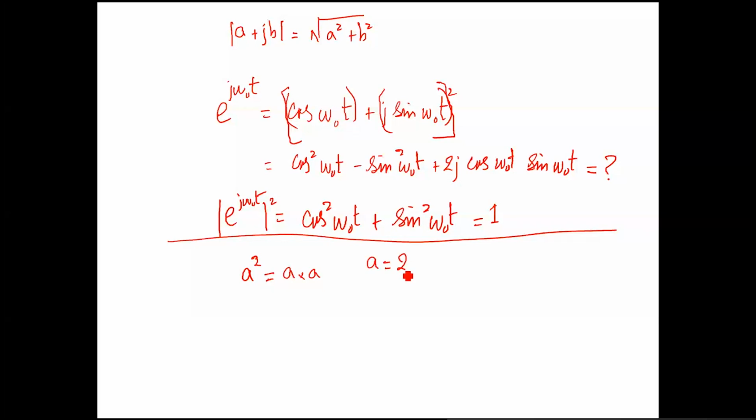Let's say a is equal to 2. If a is equal to 2, a square is just 2 multiplied by 2, which is equal to 4. Simple thing, common sense. Now, once you grow older, reach your FSc, you come across complex numbers.